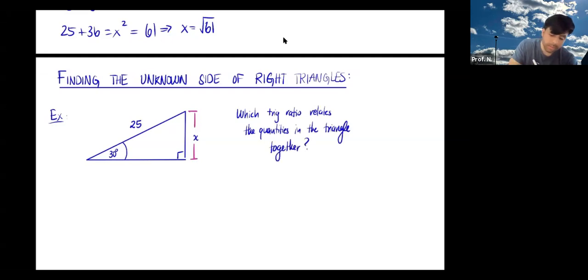Again, this is going to be my theta. And opposite theta will be the opposite side, which is x. And this is the hypotenuse. So then obviously opposite over hypotenuse, it makes sense to use sine.